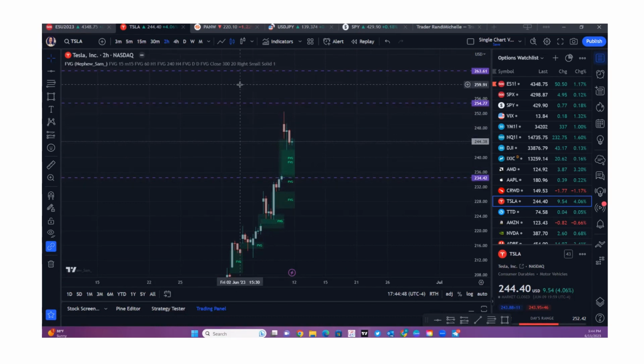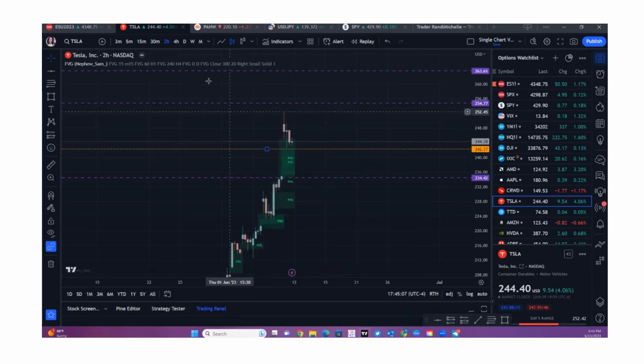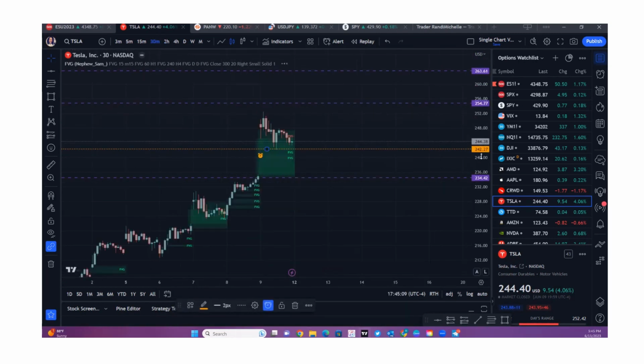So you can take this retracement gap. Actually, this one was kind of fun. If it really comes down and does this, it'll break this wick, and maybe we can write it down. Tesla.